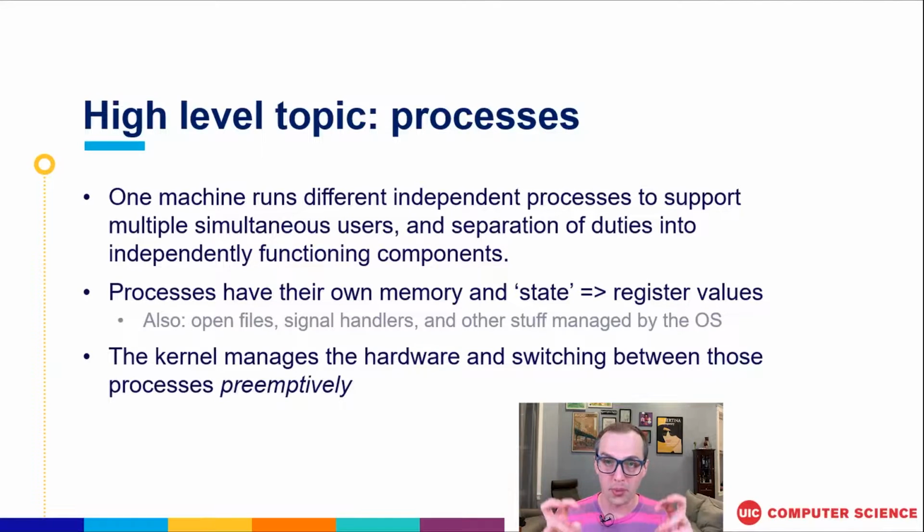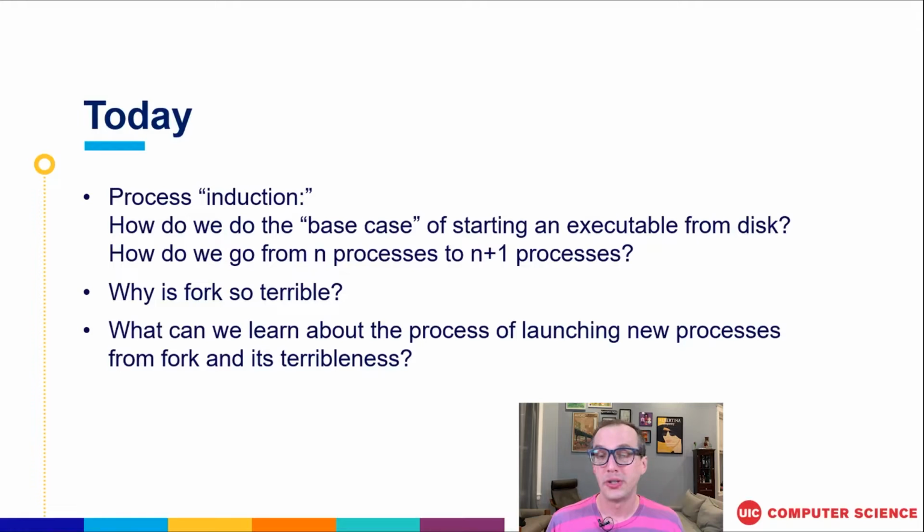So when we talk about a process, we're talking about everything about a thread of control and its memory layout and its operating system level configuration about what it's supposed to do when signals come in. These things encapsulate a thread of control or an execution context, but they're slightly different concepts. And we're going to get a little bit more detail of that today as we see how these different pieces fit together.